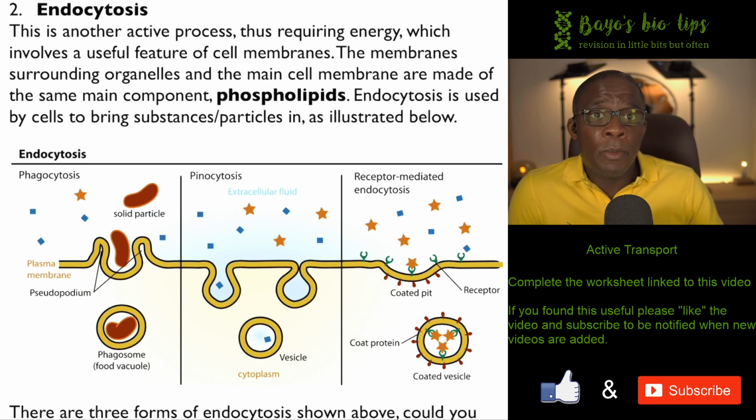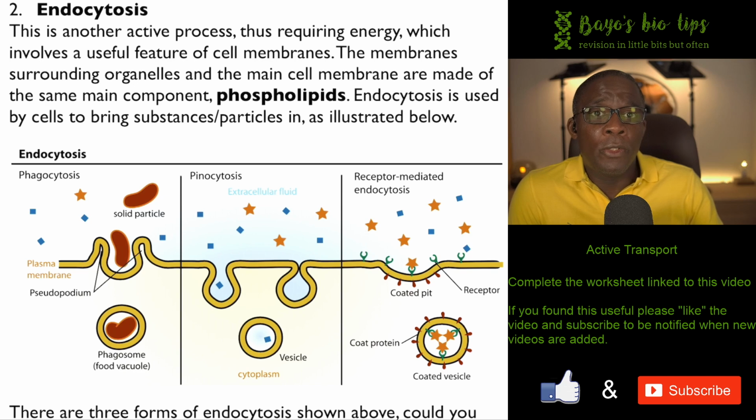So that's a bit like pinocytosis, except the cell is specifically picking the molecules that it wants to take in. How does it do that? It uses receptors on the surface, on the membrane, which are complementary in shape. Not the same shape, but complementary in shape to the molecules that it's trying to take in.